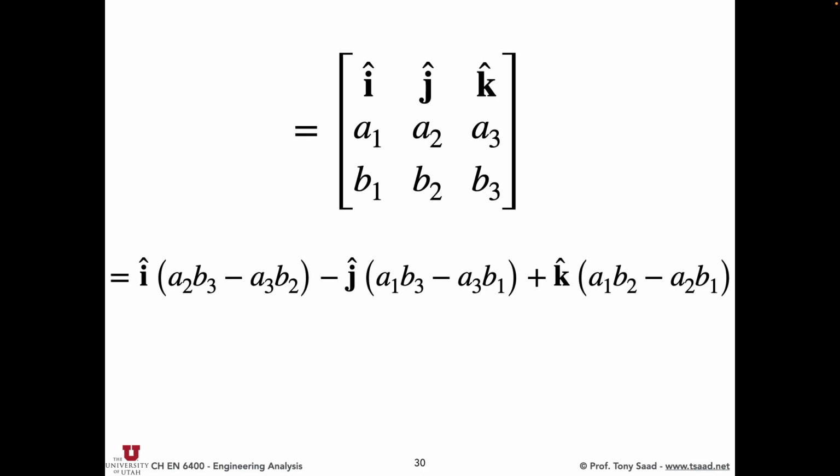But you can do the determinant as you would do a standard determinant on a matrix, where you start with the I direction, and then you block this out, block this out, and then you do A2B3 minus A3B2, and then minus J, you block out this column and this row, and then you get A1B3 minus A3B1, and then plus K, etc.